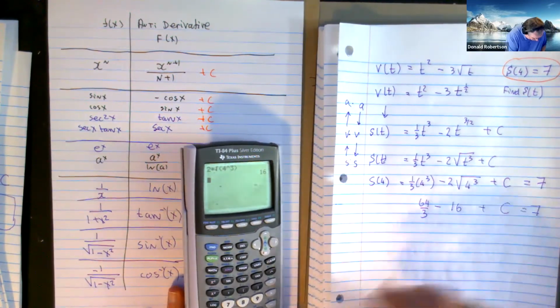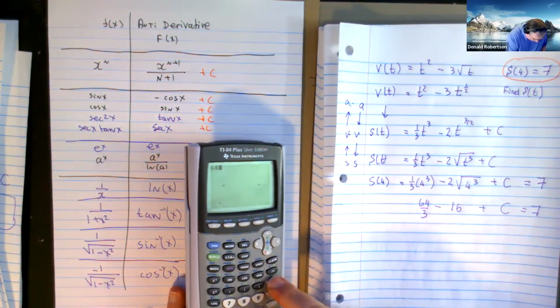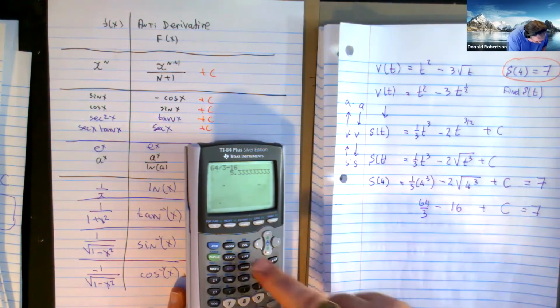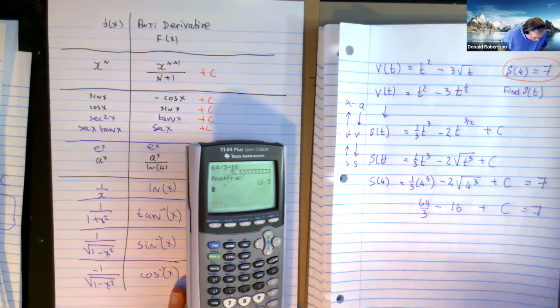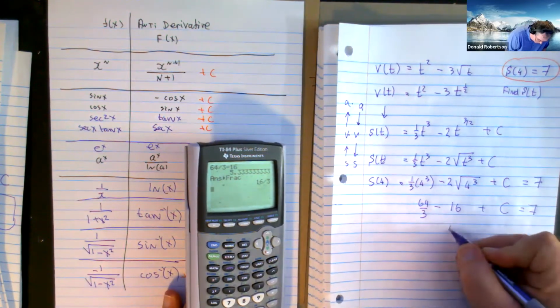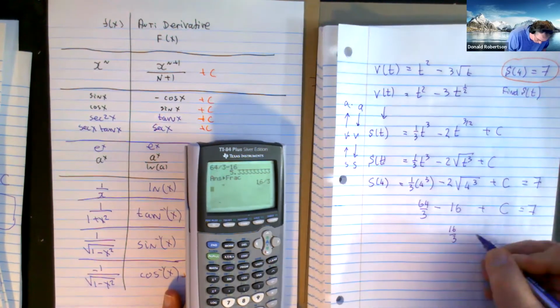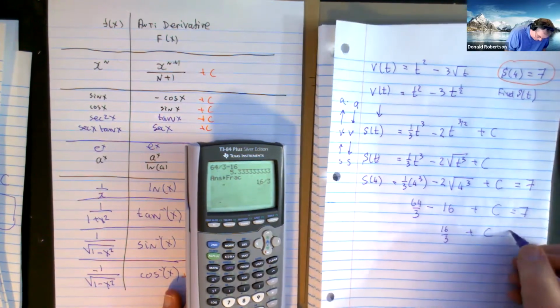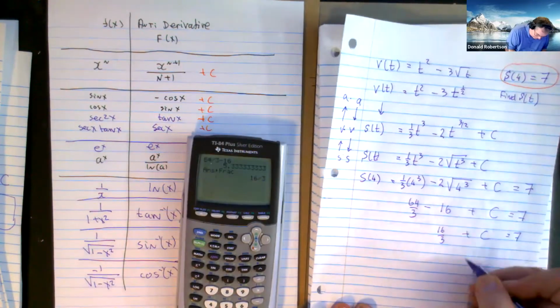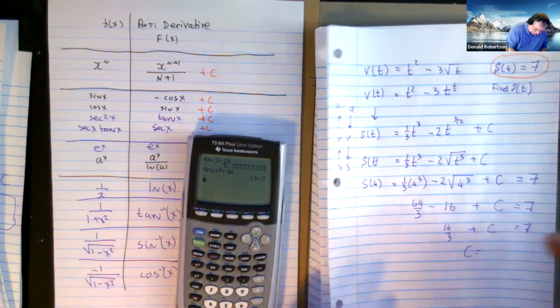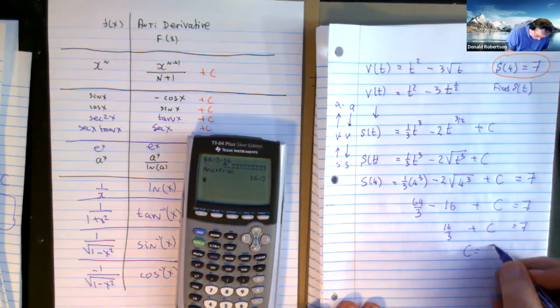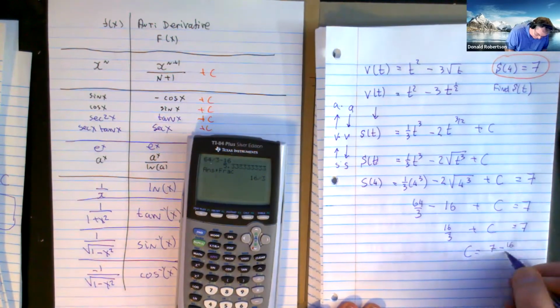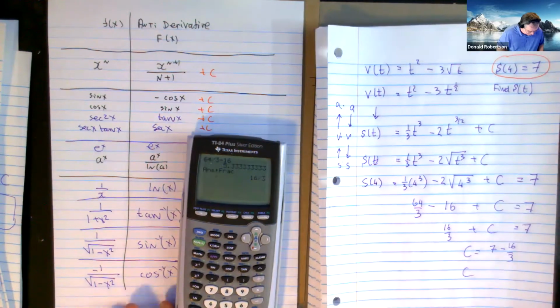I'll do this on the calculator then. 64 divided by 3, subtract 16, and then make it a fraction because we want exact values. And we get 16/3. So that makes C, well, if you subtract 16/3 from both sides, that's what C is.